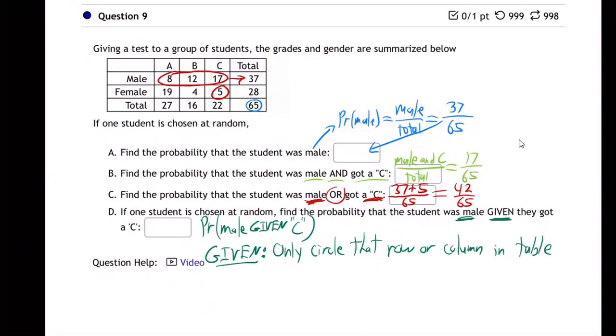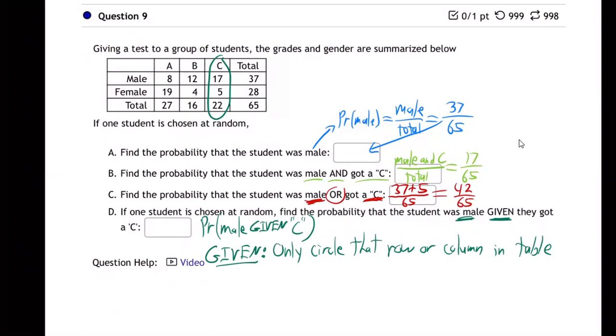So in other words, I'm going to come up here and just circle this row. Just forget about everything else. You don't need to scribble them out. Why? Because we're given that information.